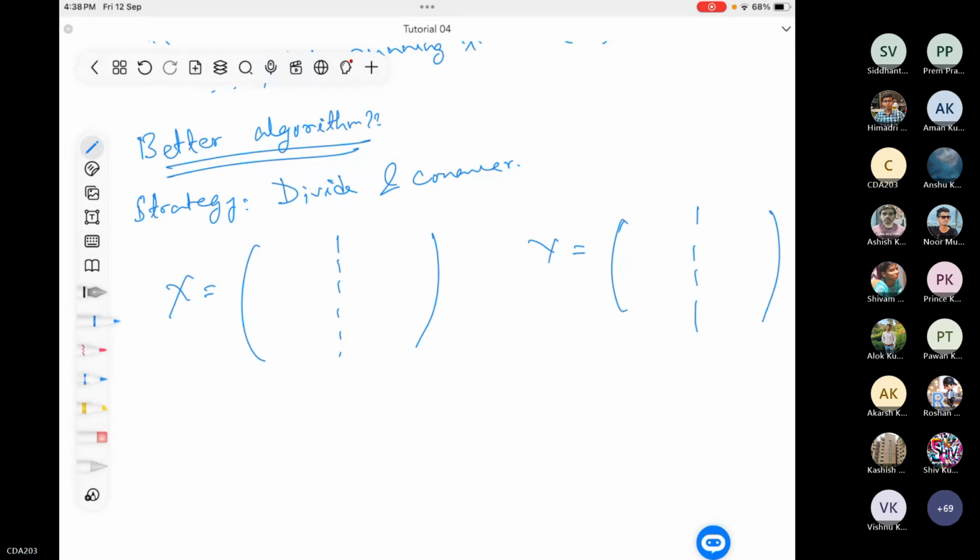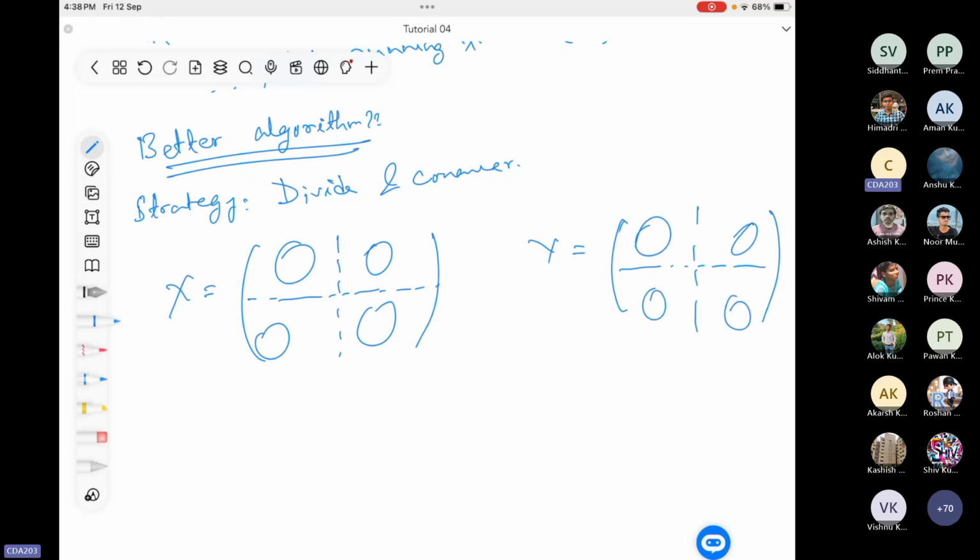Okay. So if we divide by half from the middle also in this way, then each of these is a square matrix. And what is the size of each of these matrices?